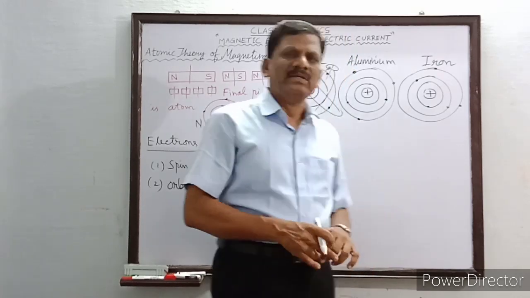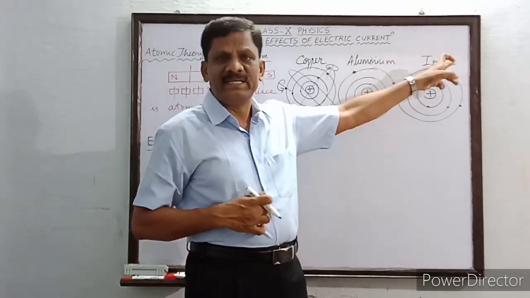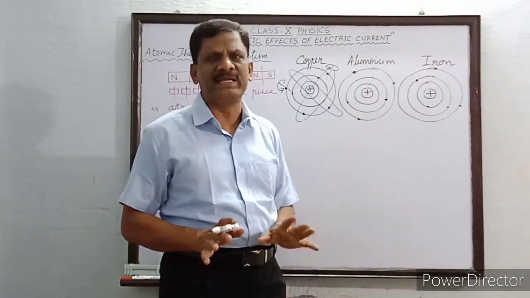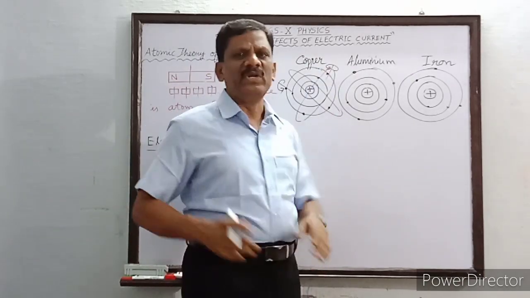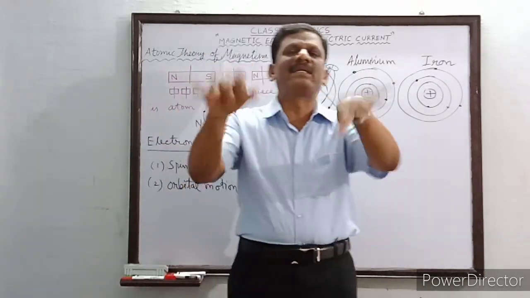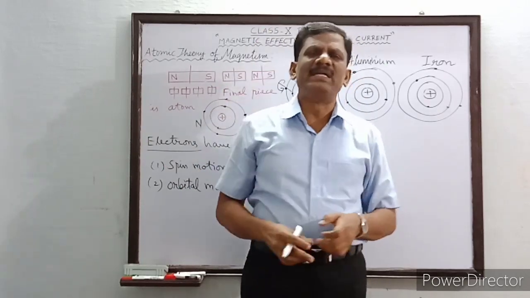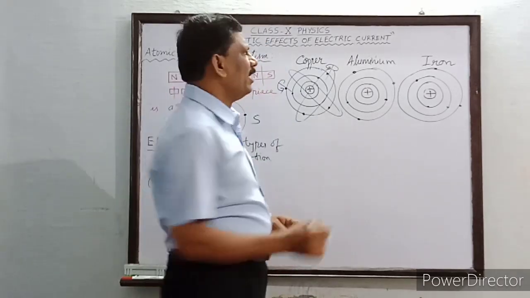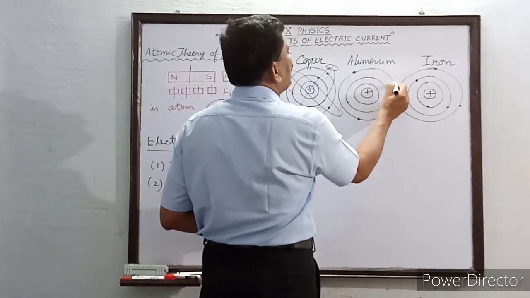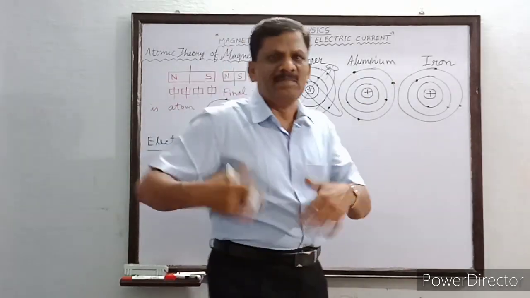So every electron, irrespective of any atom like copper, aluminium or iron, will have a magnetic moment, a magnetic strength. But in the copper atom, when you add the magnetism of all the electrons, they will cancel each other, and the net magnetic moment of the atom will be equal to 0.